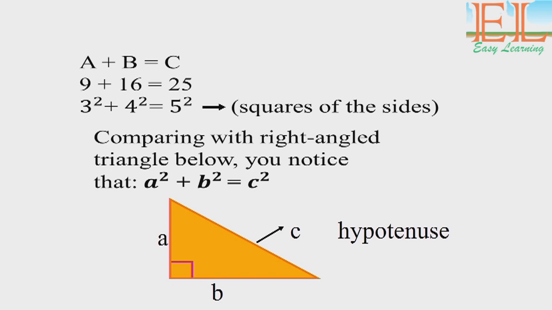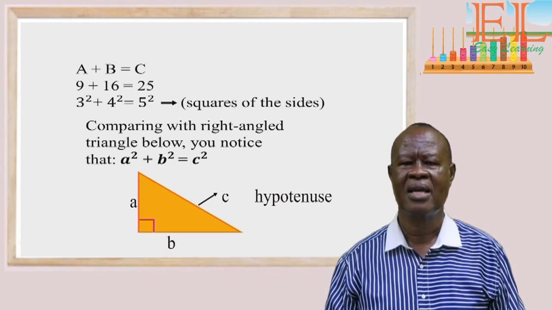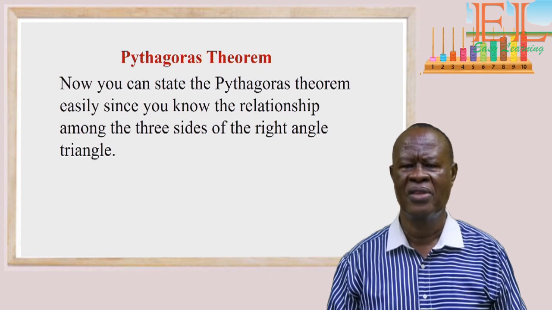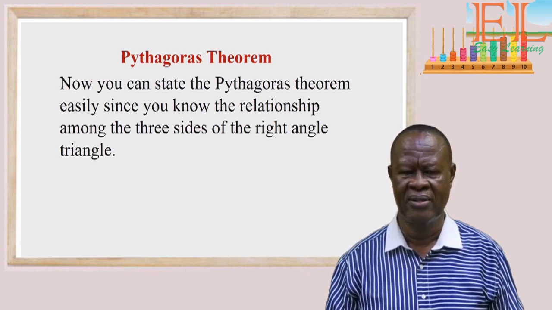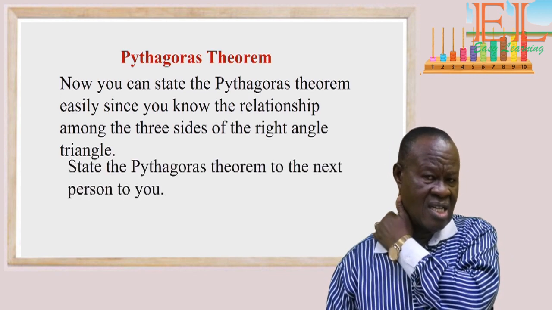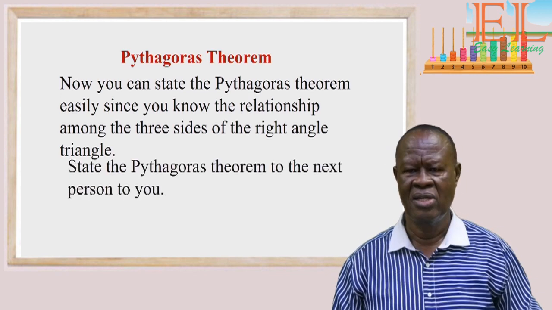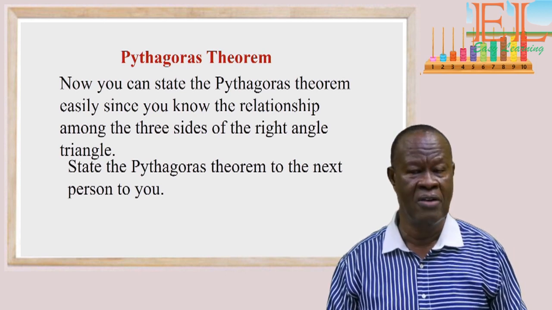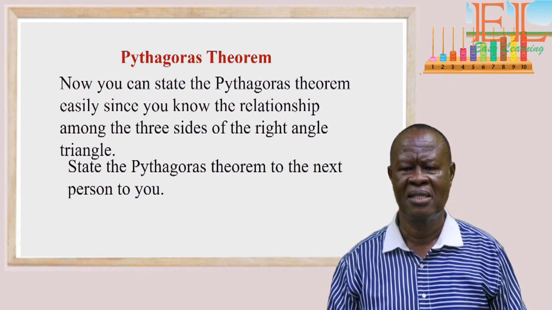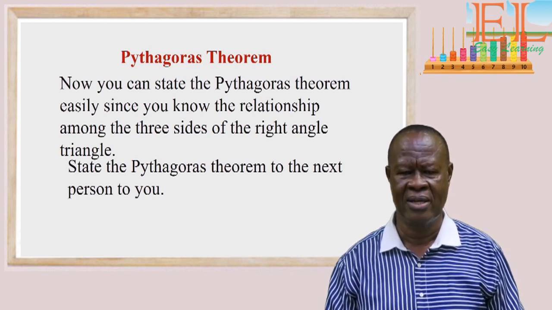Now, dear friends, can you now see the relationship among these numbers, or the sizes of the right angle triangle? Can you state, wherever you are, try and state the Pythagoras theorem, because it's based on these 3 sides of the right angle triangle.